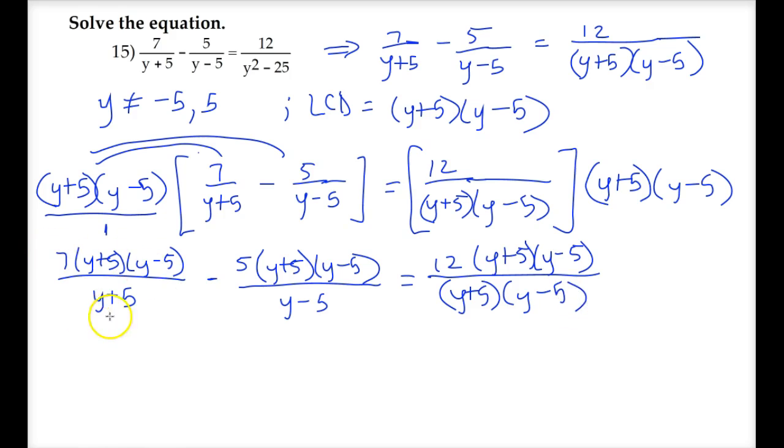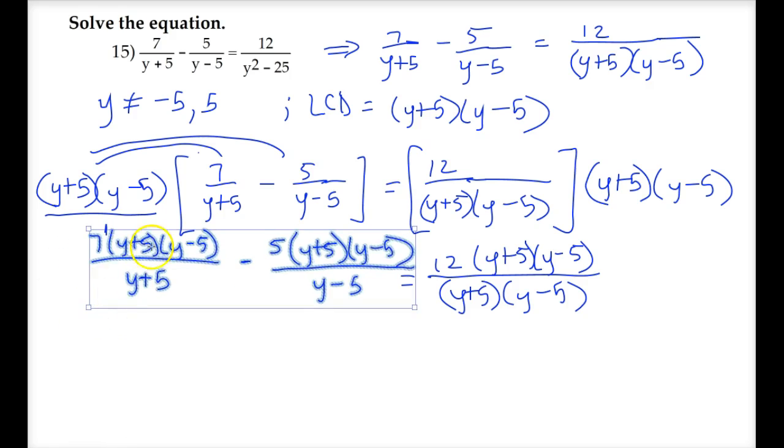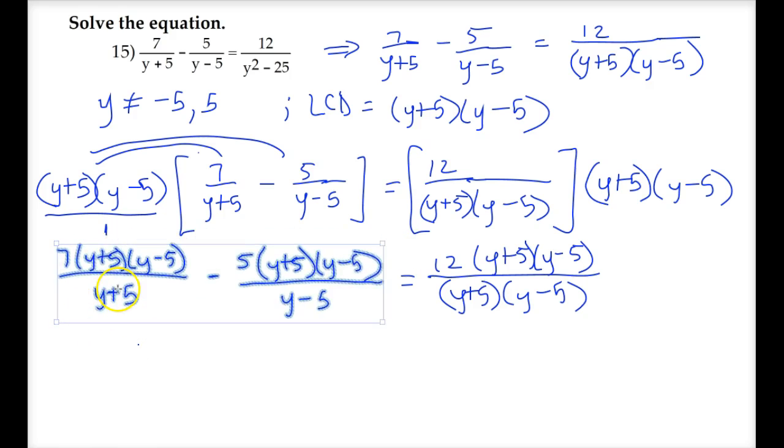And so at this point, you see that we have the two y plus 5s that are in common, so we can reduce these common factors to 1. Let's try again. So we reduce those common factors to 1, and that will just give us 7 times y minus 5.